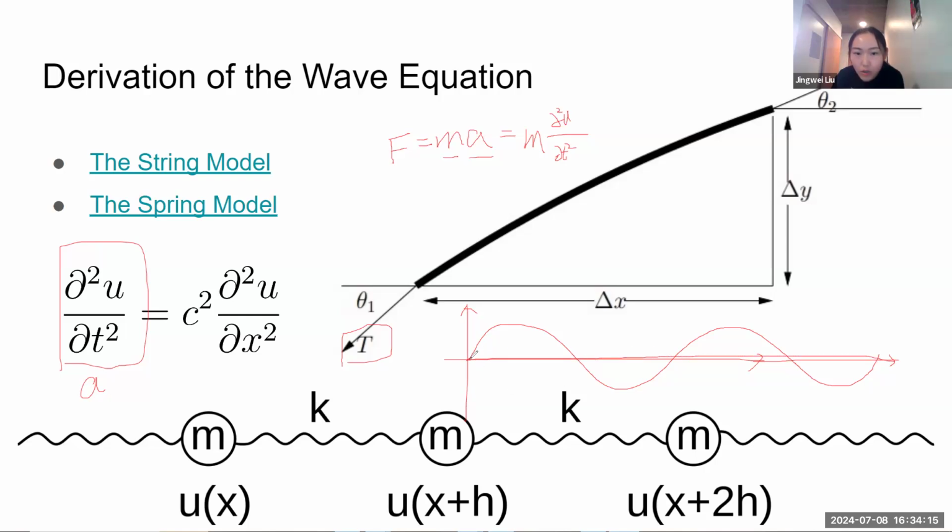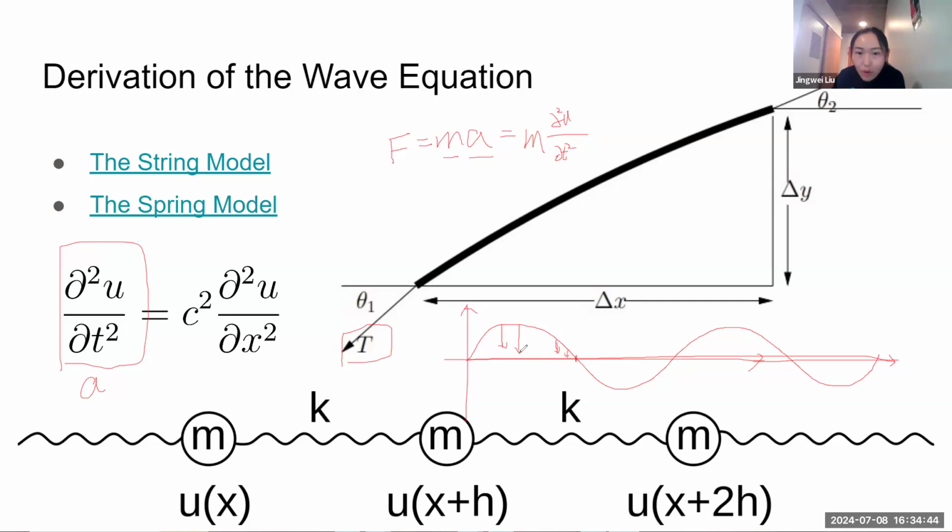Now you pluck this string, or drag it up. Therefore, the larger the deformation is, the larger the force. Here the force is the largest because it suffers the largest deformation, but here the force is smaller because it's closer to its original position, and here the force is smaller, and here the force is 0.